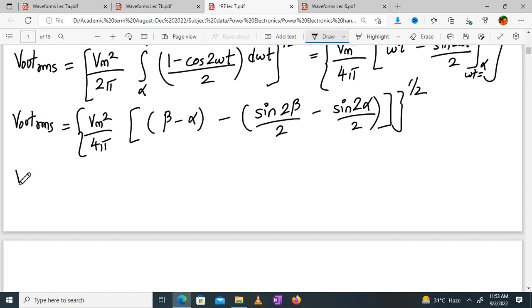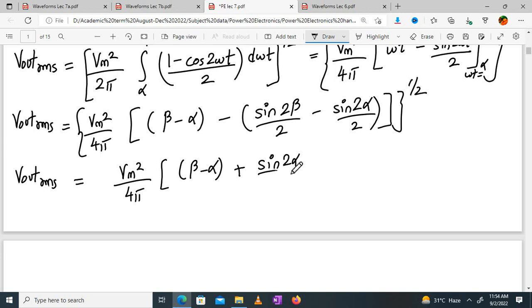Okay. So the final expression we can write as follows. Vm square upon 4 pi, let it be as it is, into beta minus alpha plus sine 2 alpha upon 2 minus sine 2 beta upon 2.